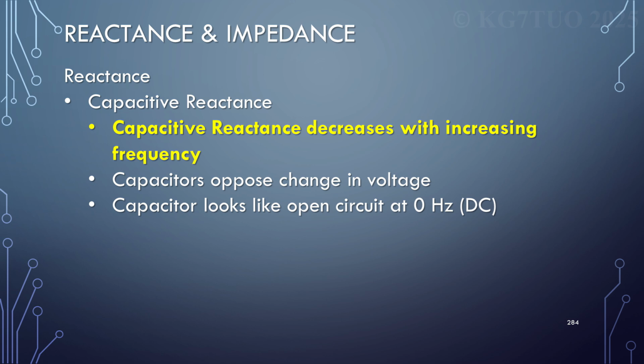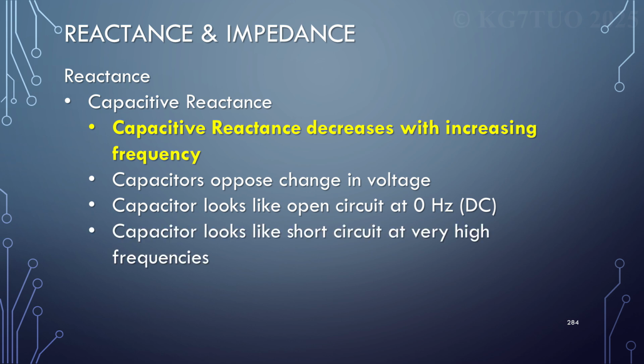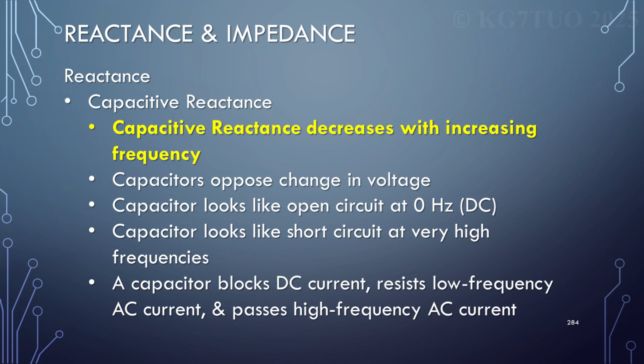So if you run DC into a capacitor, it's an open circuit, nothing can get through. The opposite side of that is a capacitor looks like a short circuit at very high frequencies. We use these in our antennas that are trapped to make them do things that we want them to do. A capacitor blocks DC current, resists low frequency AC, and passes high frequency AC.